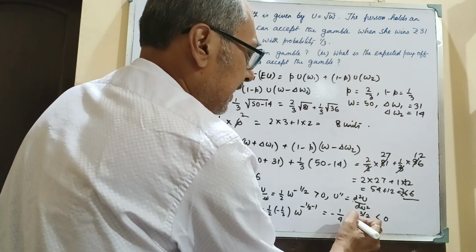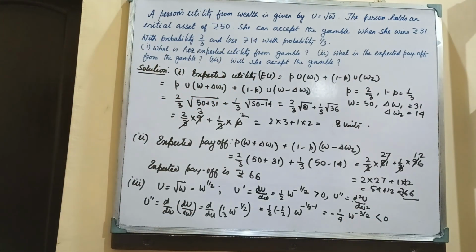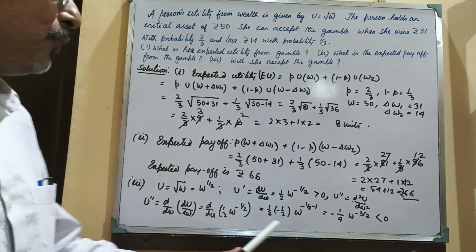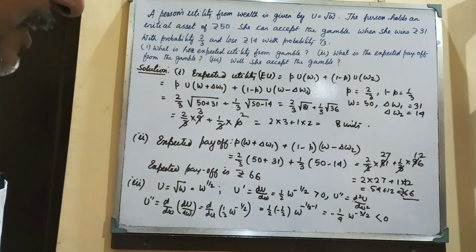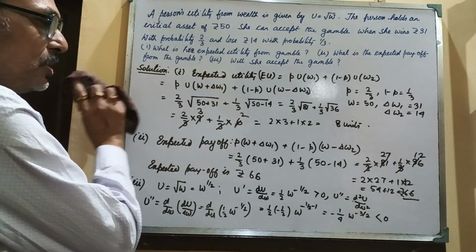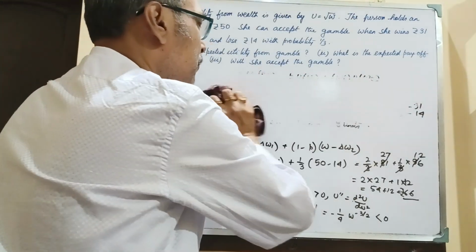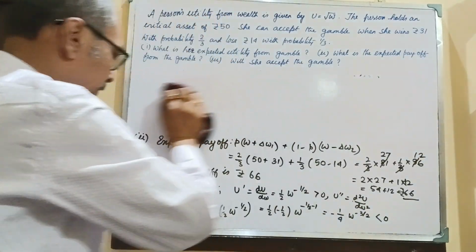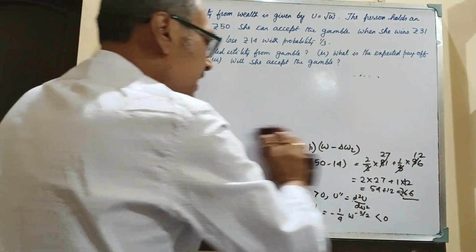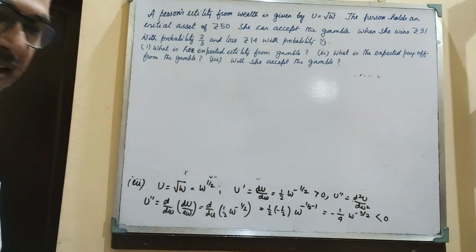This is negative. That is, the second derivative is negative. That means the individual is risk averse. The law of diminishing marginal utility holds for this individual. Therefore, the individual is risk averse.